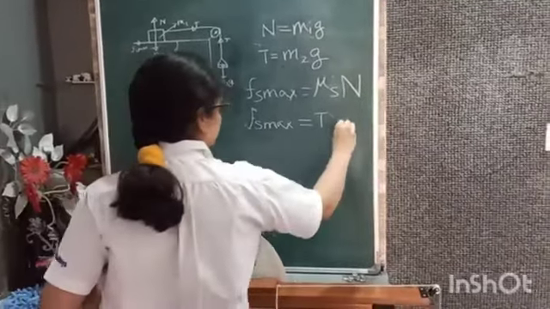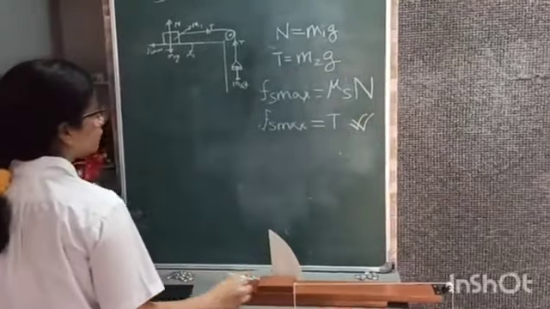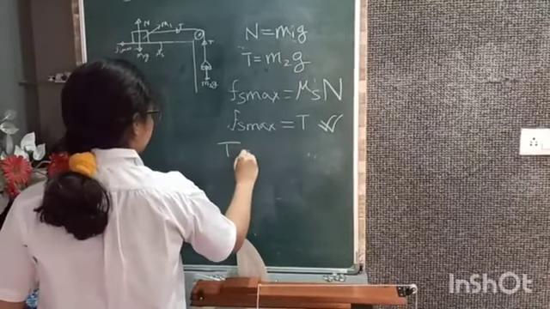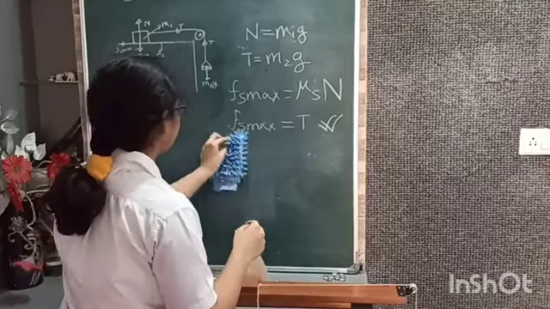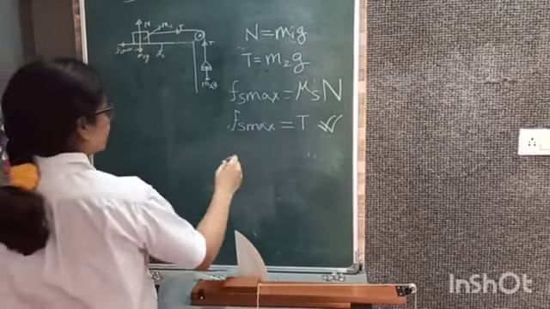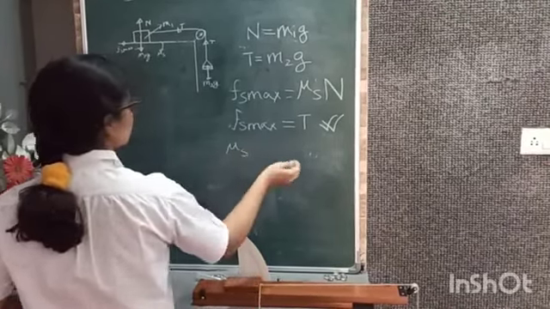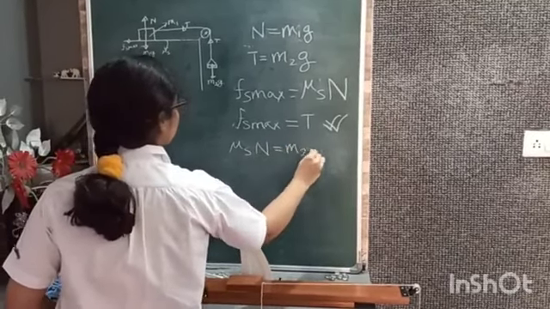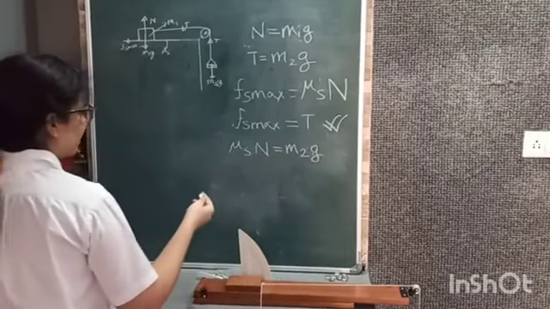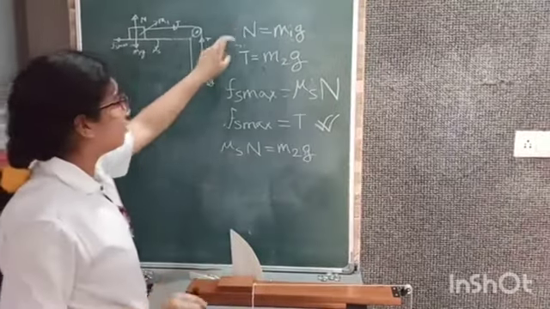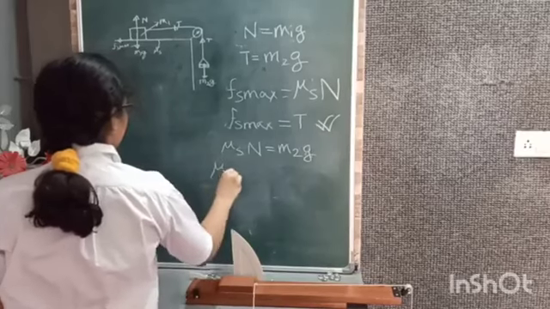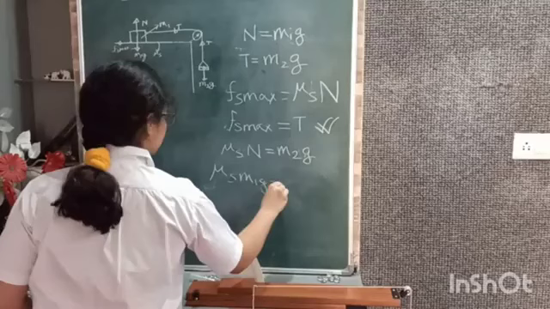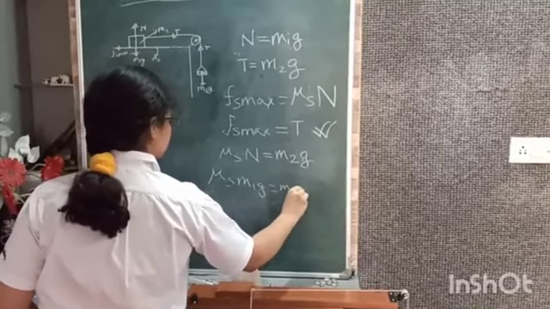Now I will solve these equations. It becomes mu s into N is equal to m2g, and we now substitute the value of N, so it becomes mu s into m1g is equal to m2g.